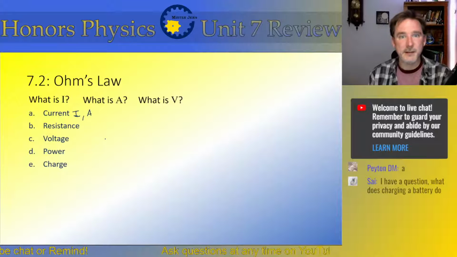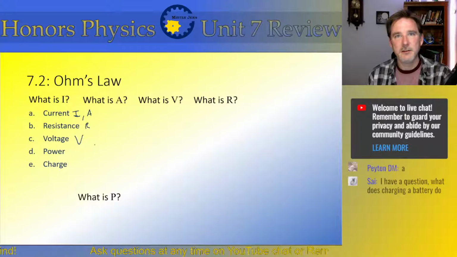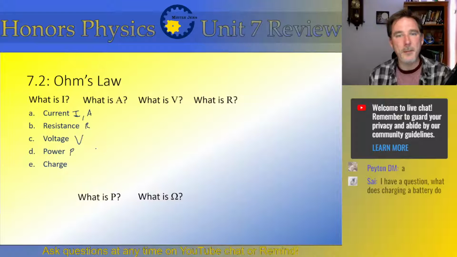What is V? Voltage. What is R? Resistance. What is the symbol here? It's the very first thing you should have done on the review guide, right? That's omega. It's a Greek letter, omega.